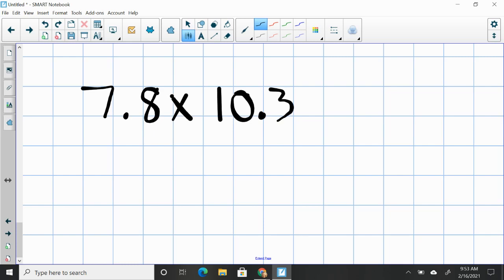So 7 8/10 times 10 3/10, and my answer is going to be these numbers. Where is my decimal point going to go in that answer?